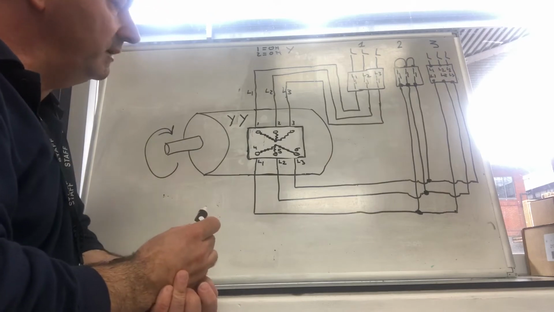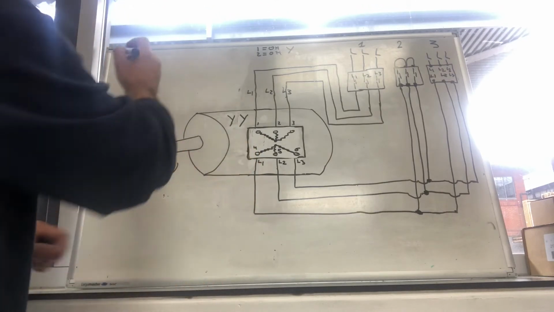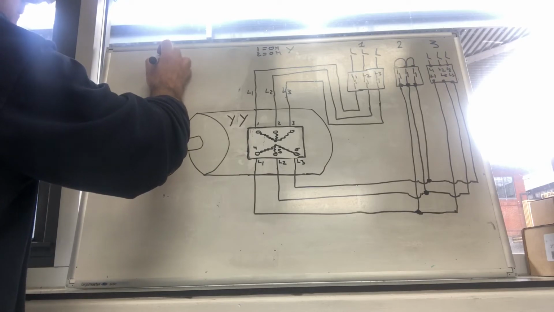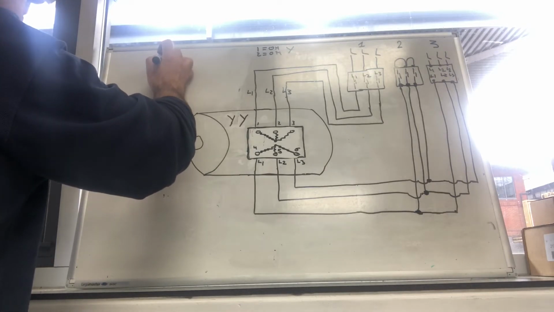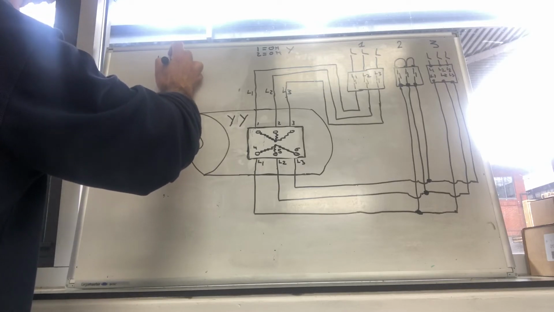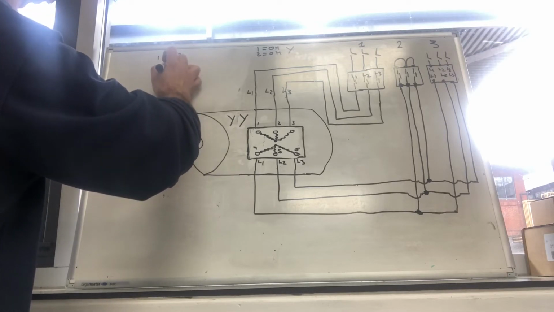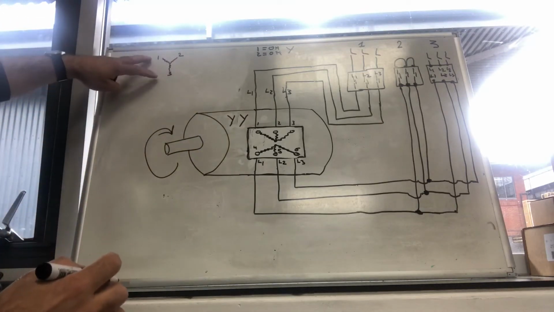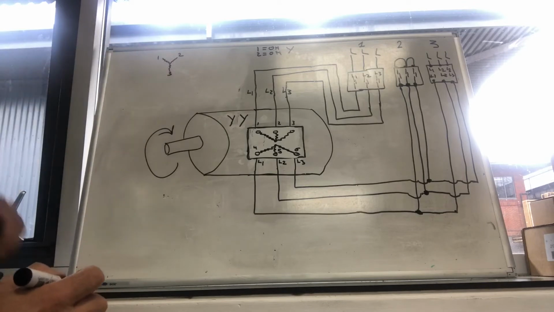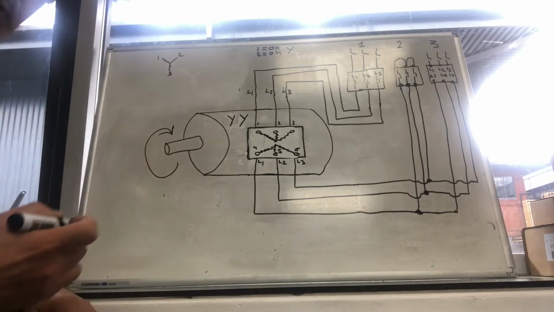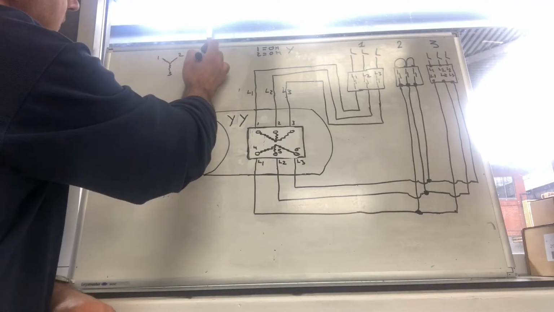If you use your multimeter and you measure between 1 and 2, 2 and 3, 1 and 3, you will always have two resistances because this is a part Y motor and you have two windings.